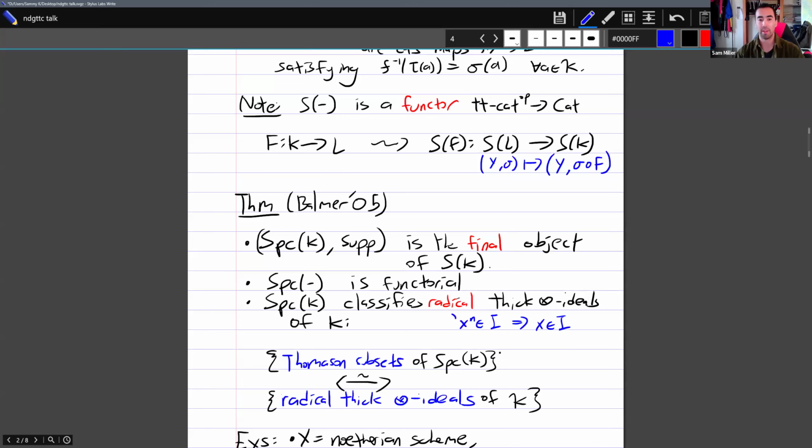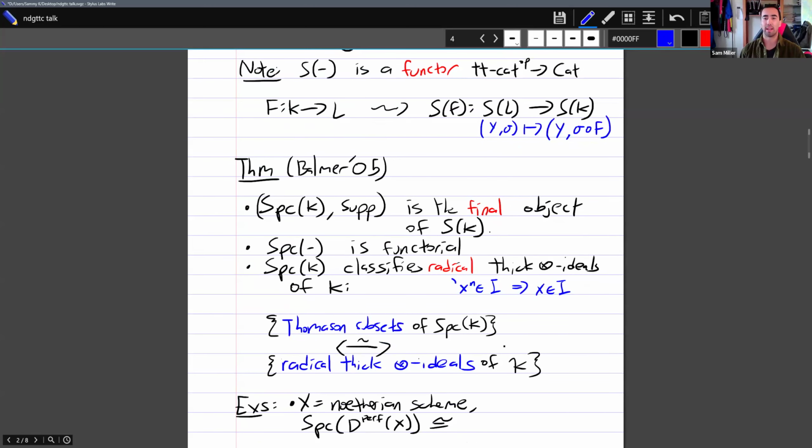Okay, so not only is this thing the final object, it actually is sort of a compression of data.